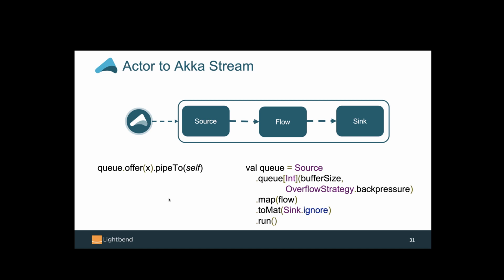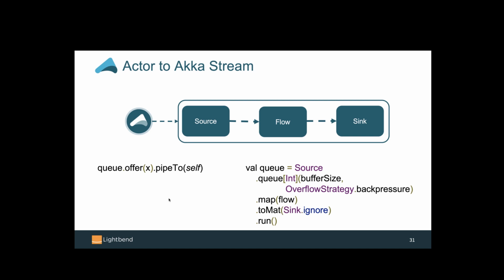Then we give it a buffer size, how many messages sit in this buffer waiting to be processed, and we have to give it an overflow strategy. If that buffer is full, how do we want this stream to respond? Once we've initialized this stream, we can take the queue value that comes out of initializing the source.queue, and use it within an actor to put elements into that stream.